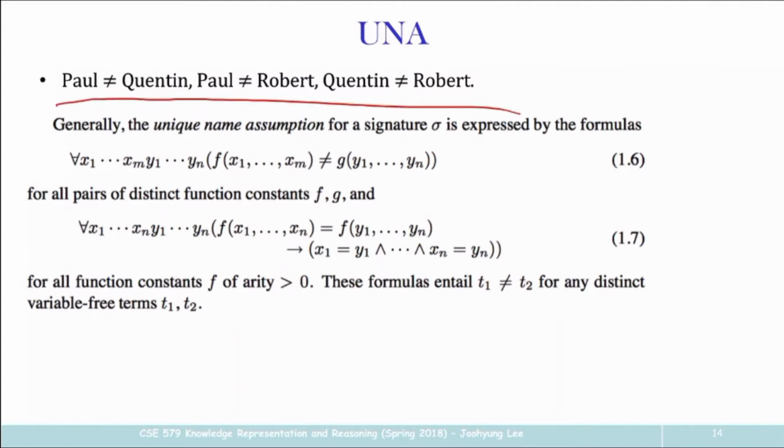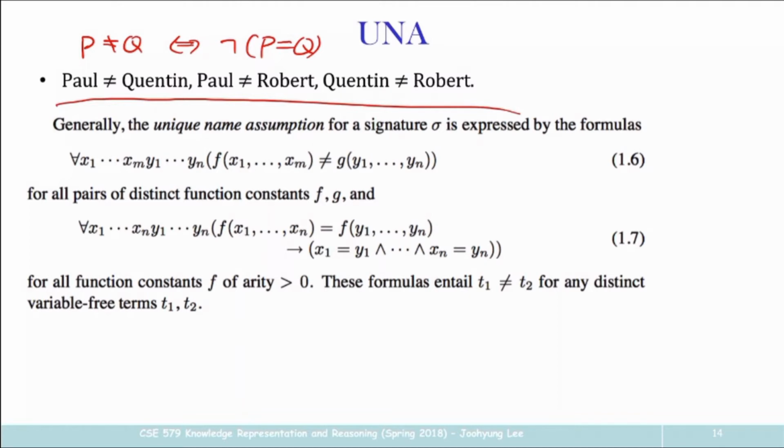For each pair, you have to say they are not the same person. This inequality is actually just an abbreviation. When you say P is not equal to Q, this just stands for the negation of P equals Q. So this is the equality that you defined before, with a negation in front of it. If you want to say these individuals all denote different people, then you have to specify this.